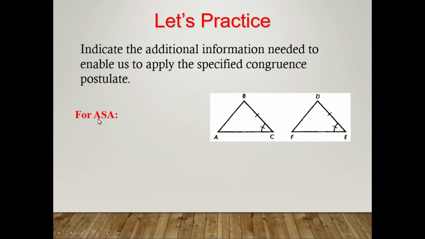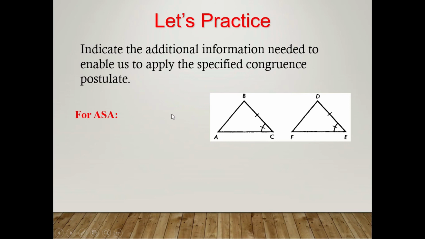So for the angle, we have already angle C is congruent to angle E. And then the side should be included, or nasa gitna dapat siya ng two angles which are congruent. And we have already the given side. We have line segment BC is congruent to line segment DE.